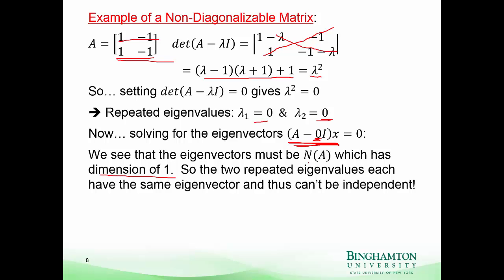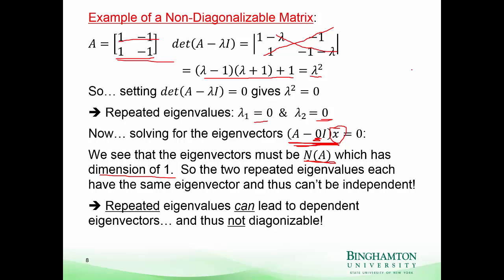So since the null space has dimension of just 1, there's only one solution to this, or one vector that spans that. Every other solution is just a multiple of that one solution, and that's the idea of an eigenvector. So in this case, there's one and only one eigenvector, even though there are 2 repeated eigenvalues. And again, it's not because the eigenvalues are 0, it's just because they're repeated.